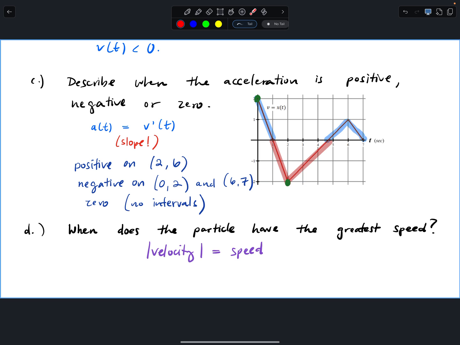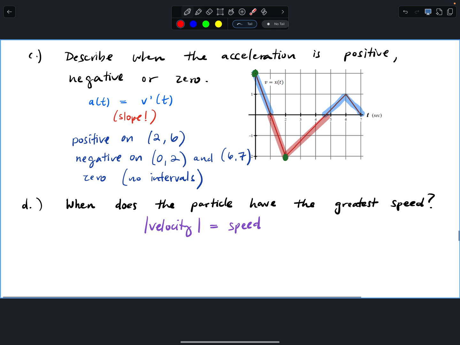So do you guys agree the maximum speed is 2? Because the absolute value of 2 is 2, the absolute value of -2 is 2. So the maximum speed occurs at t is equal to 0 and t is equal to 2.